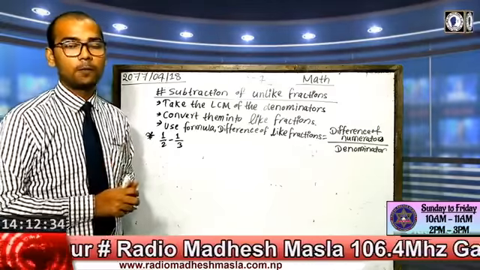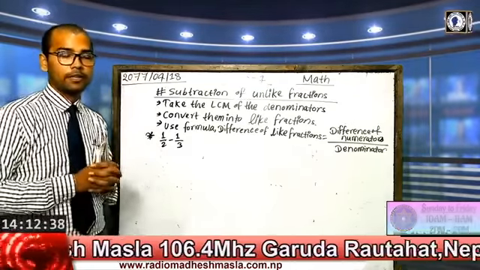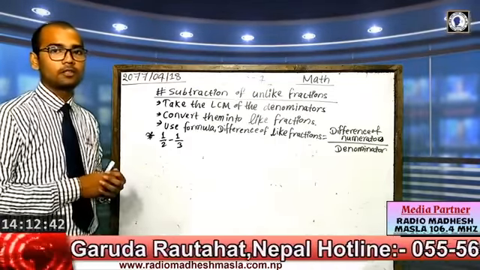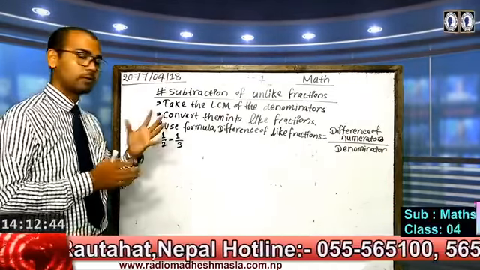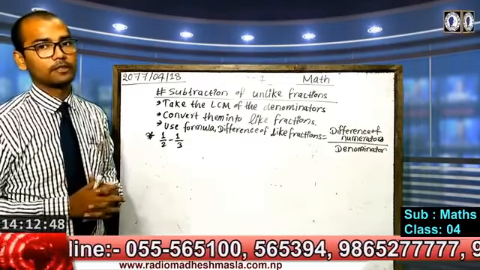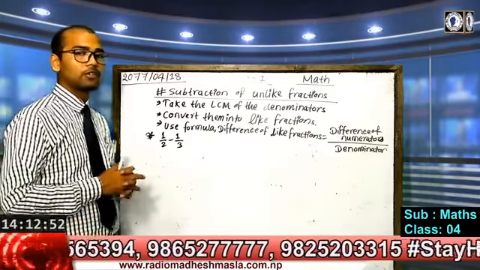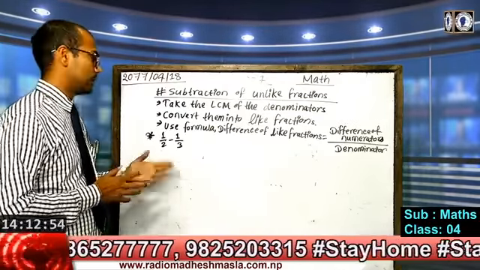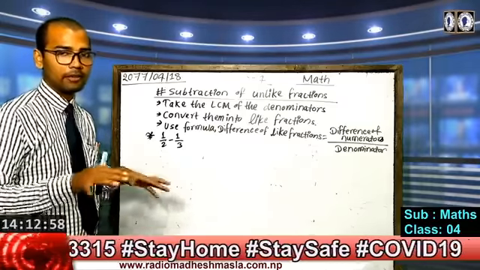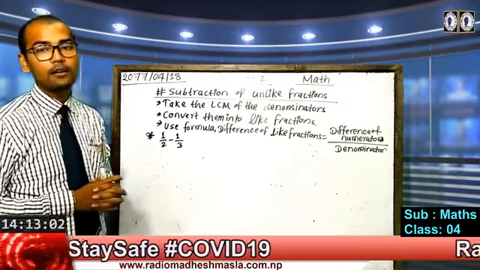So the first thing you need to remember is to state whether the given fractions are like or unlike fractions. Unlike fractions, as we know, are fractions having different bases, also called denominators.